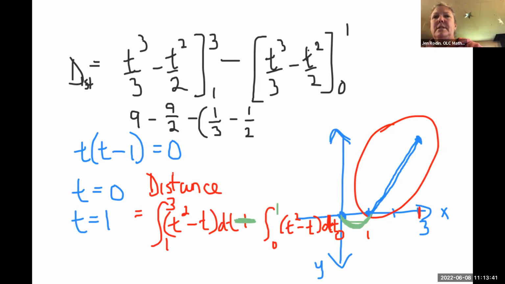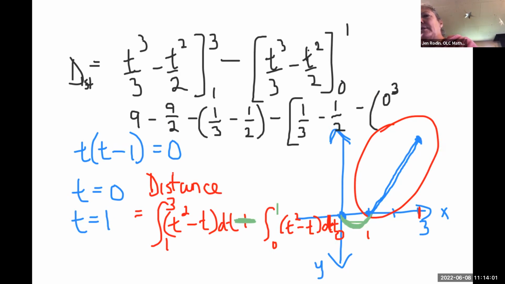I put ones in there, 1/3 minus 1/2 in parentheses. Now minus this deal, 1/3 minus 1/2. And then I would put in 0, but we don't have to.